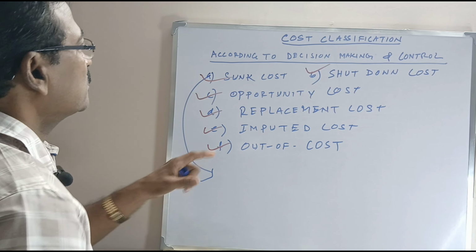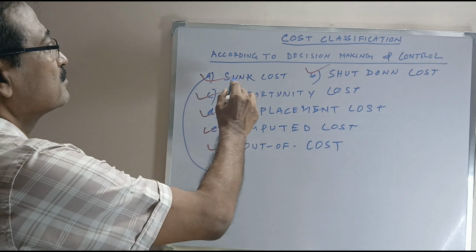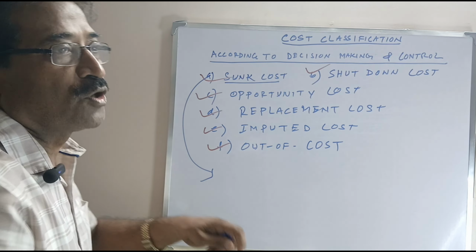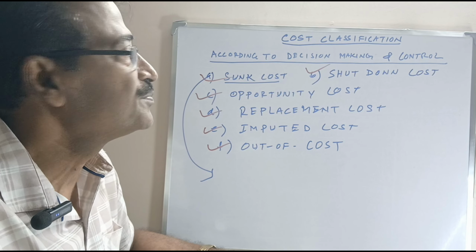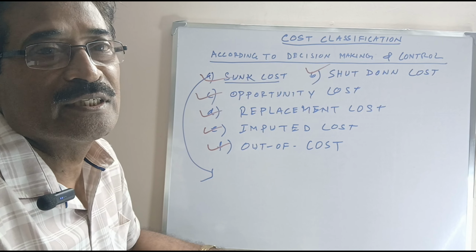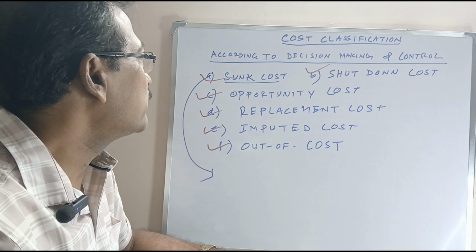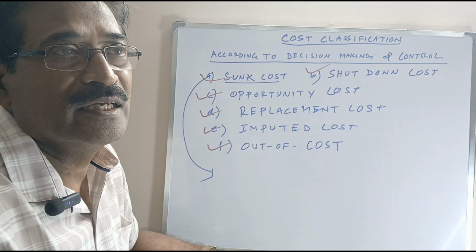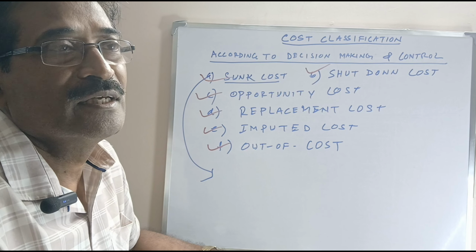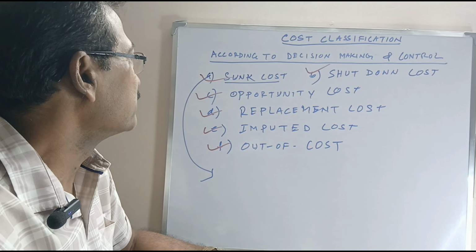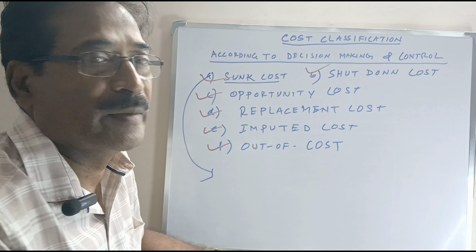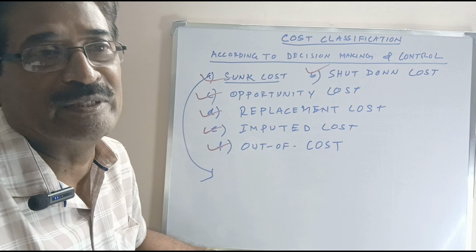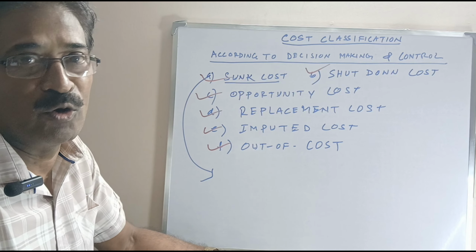What is sunk cost? Sunk costs are those costs which were incurred in the past and which could not be recovered and is not relevant in any particular decision making. So as for example, depreciated book value of an asset may be cited as an example of sunk cost.